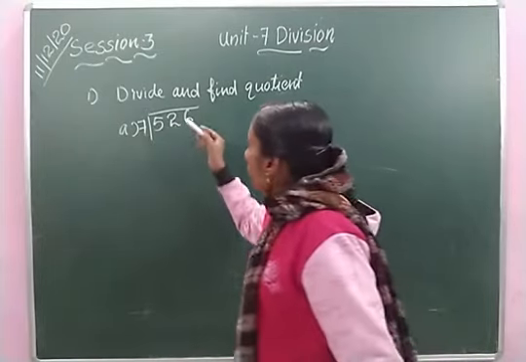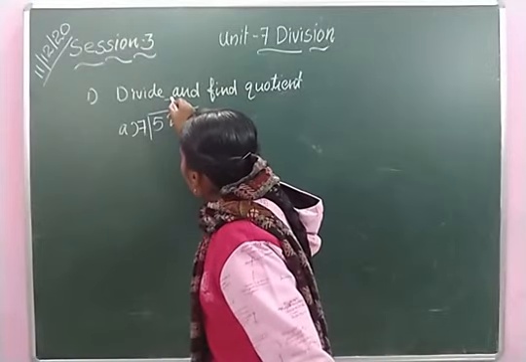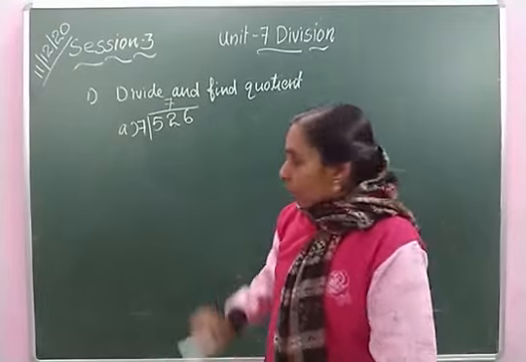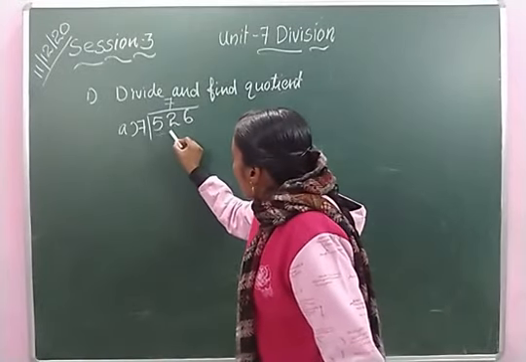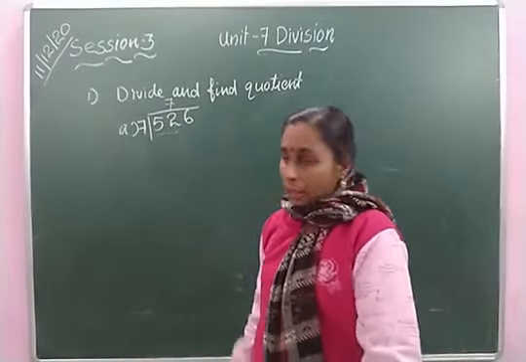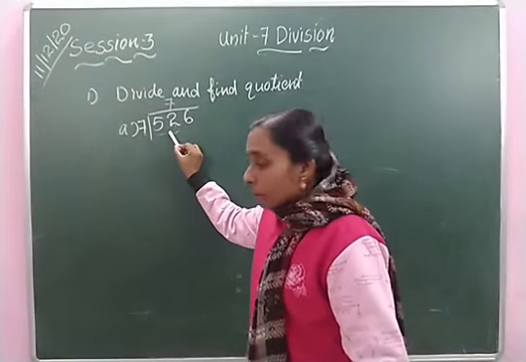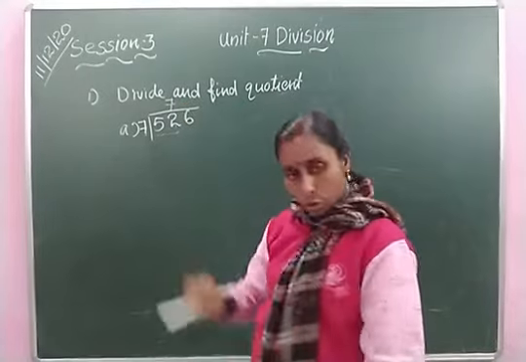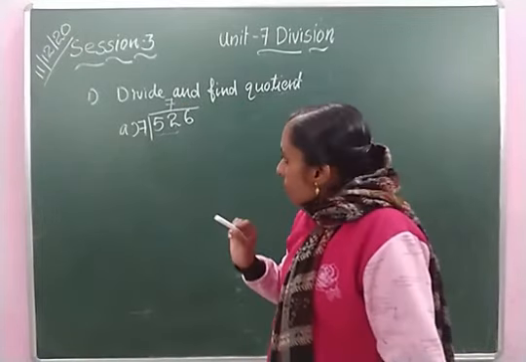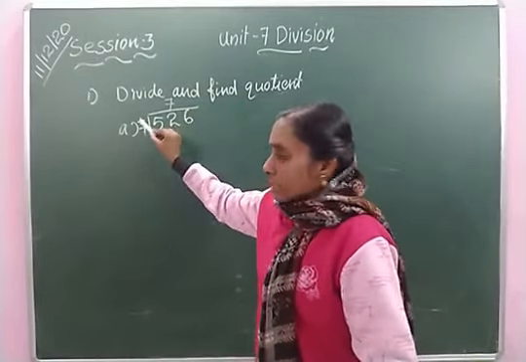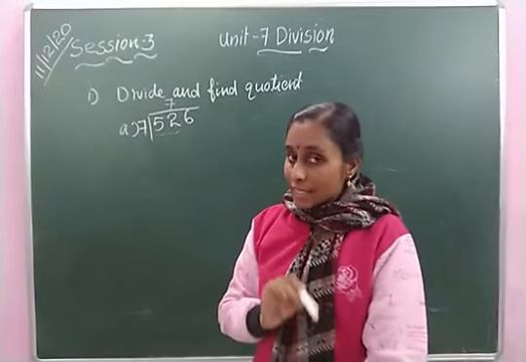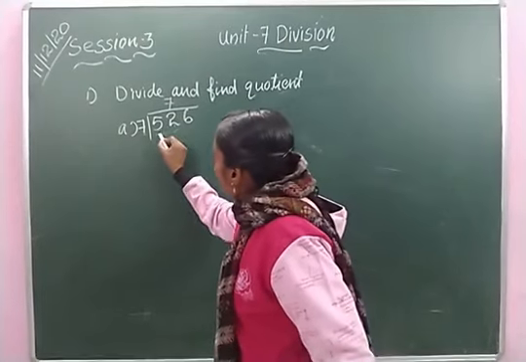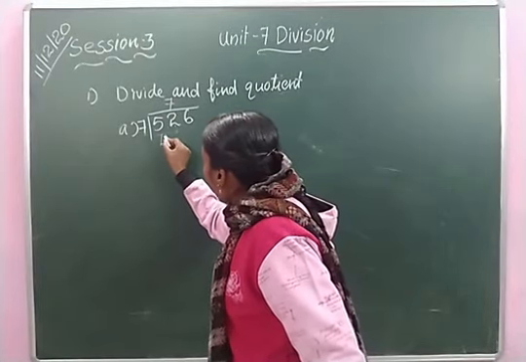7 7s are 49. That 7 we write above the 2, because we have considered these two digits, so we write the quotient on top of 2. Next step is multiplication: 7 7s are 49.